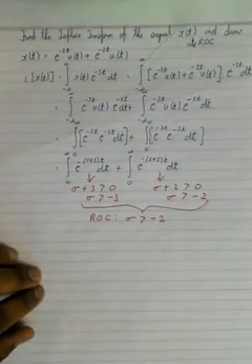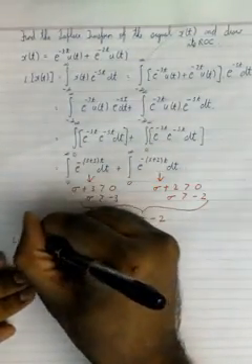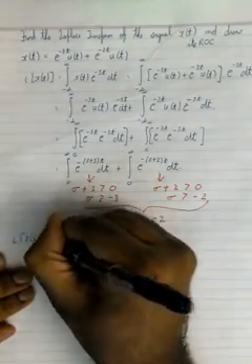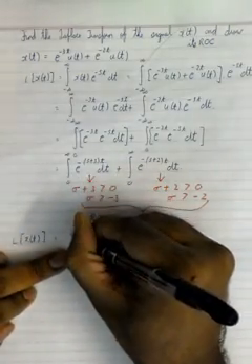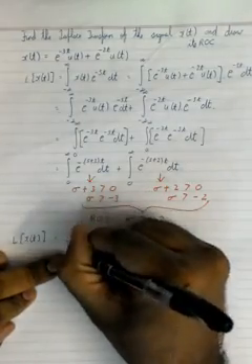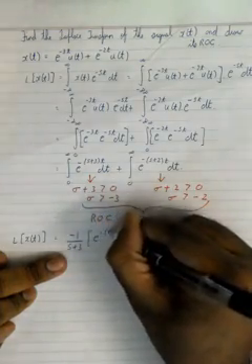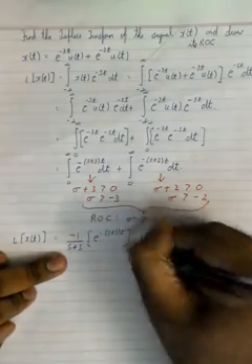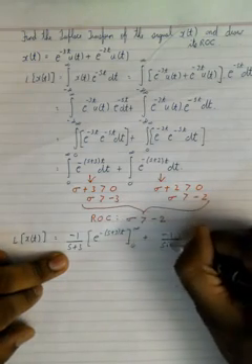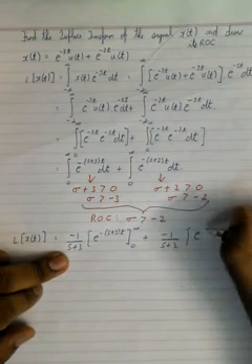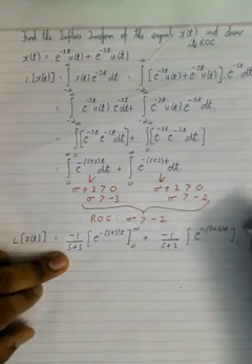Now we'll continue with our problem as usual. Here the Laplace transform of x of t is equal to -1 by s plus 3 into e raised to minus (s plus 3) t from 0 to infinity, plus -1 by s plus 2 into e raised to minus (s plus 2) t from 0 to infinity.